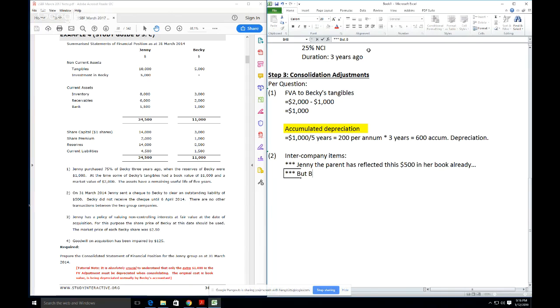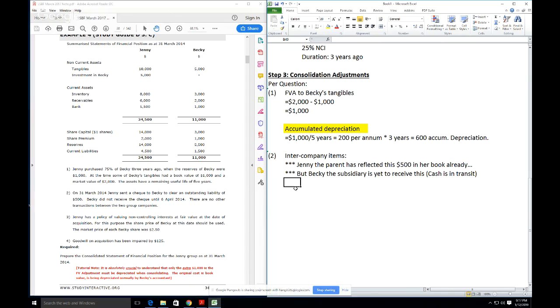But Becky, the subsidiary, is yet to receive this. Cash is in transit. The parent has reflected this already in her books, but Becky is yet to receive this. That is called cash in transit, CIT.